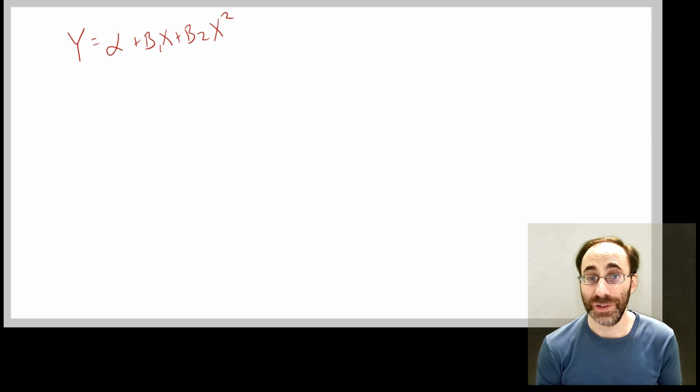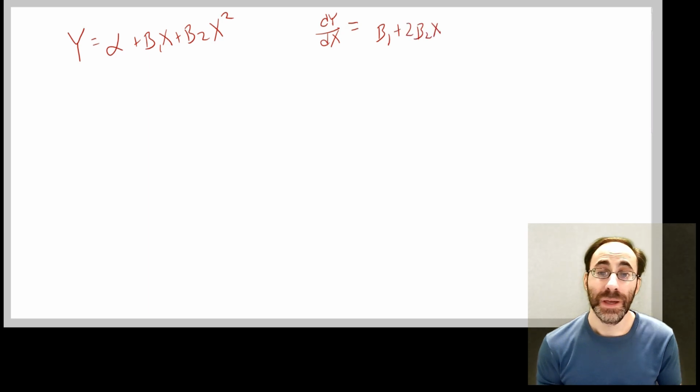And here we have two different coefficients, beta 1 and beta 2, and one applies to x, one applies to x squared. And we did the same analysis before, and we discovered that dy dx, I don't have partials here because there's only one variable, so there's nothing to hold constant, is going to be beta 1 plus 2 beta 2 x.